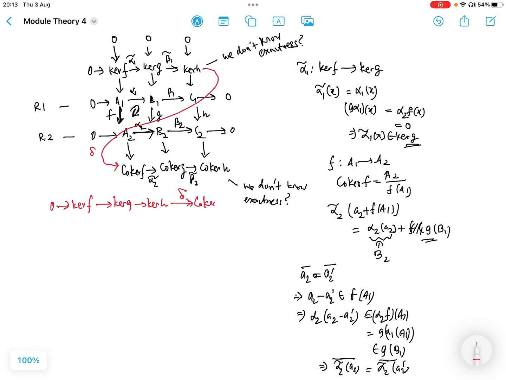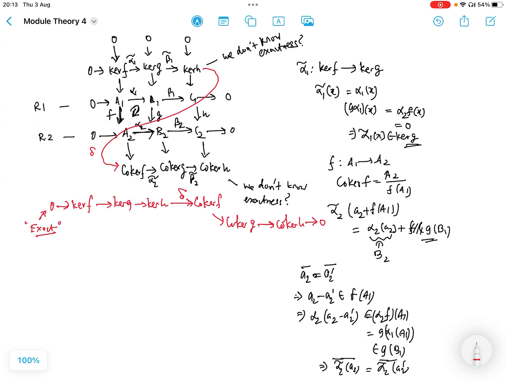This will take to co-kernel of F, and again we have co-kernel of G and co-kernel of H to zero. Okay, so now we have a sequence of homomorphisms of modules. Now my claim is that this sequence will be exact. Okay.